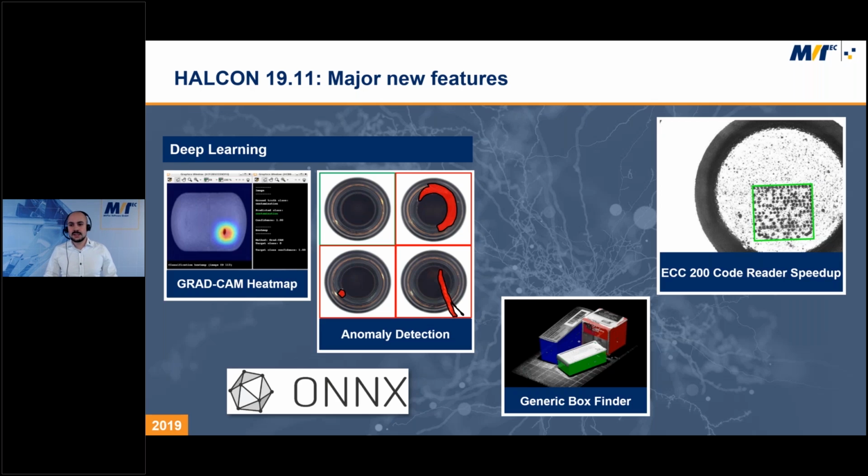Besides that, we implemented the GradCam heat map, a new kind of heat map. There was already a heat map functionality in HALCON before, but with GradCam the time it takes to calculate the heat map was drastically decreased, so it can now be performed during your inference without much lag, adding maybe 20% to your inference time.